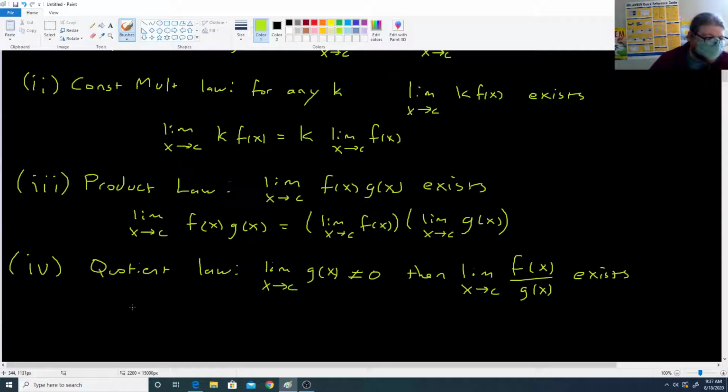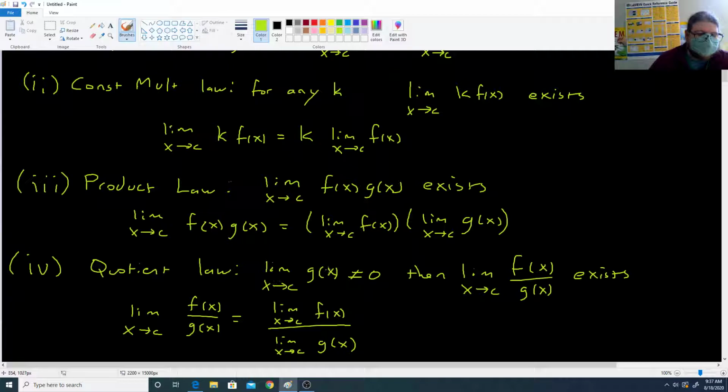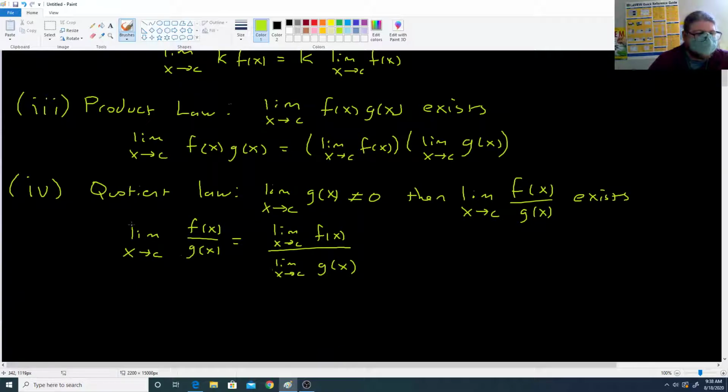And the limit as x approaches c of f of x over g of x equals the limit as x approaches c of f of x over the limit as x approaches c of g of x. Again, the limit of g of x cannot equal 0 because that will cause division by 0, which would make bad things happen. But as long as that limit exists and is not 0, then the limit of the division is the same as the limit of the top divided by the limit of the bottom.